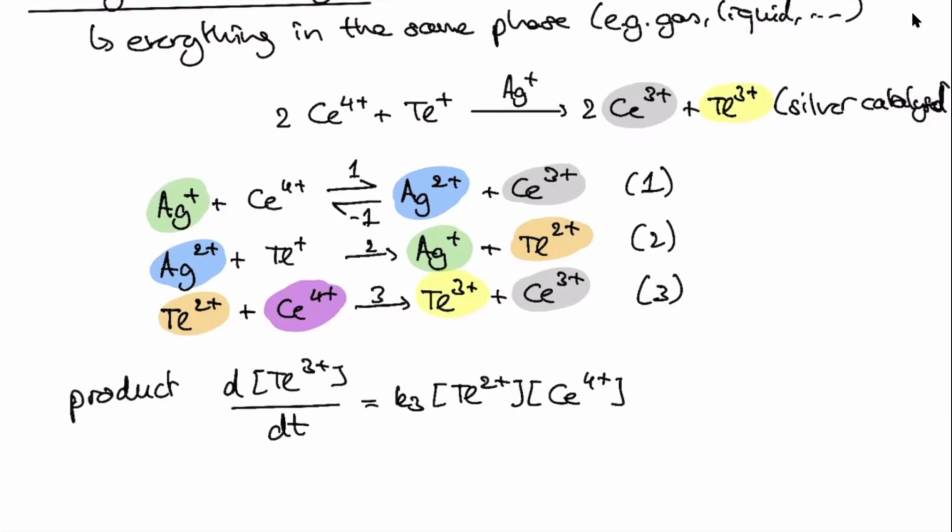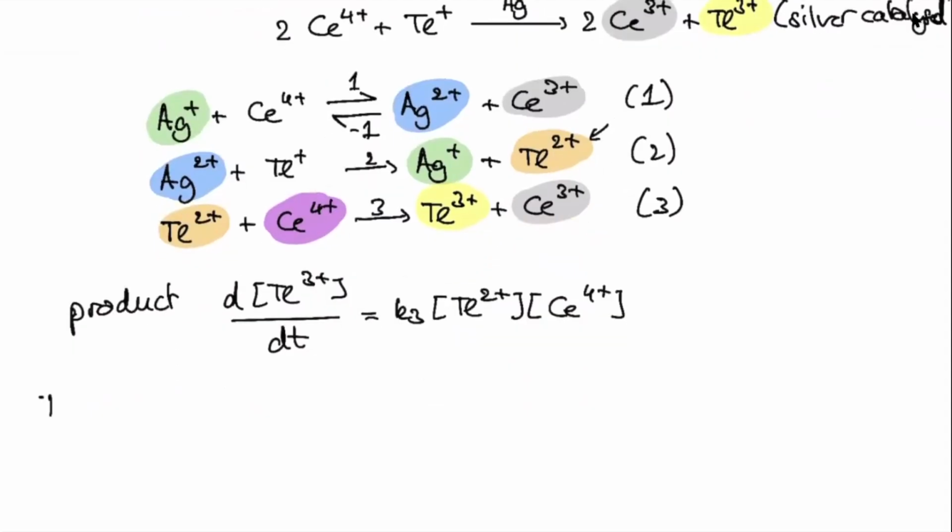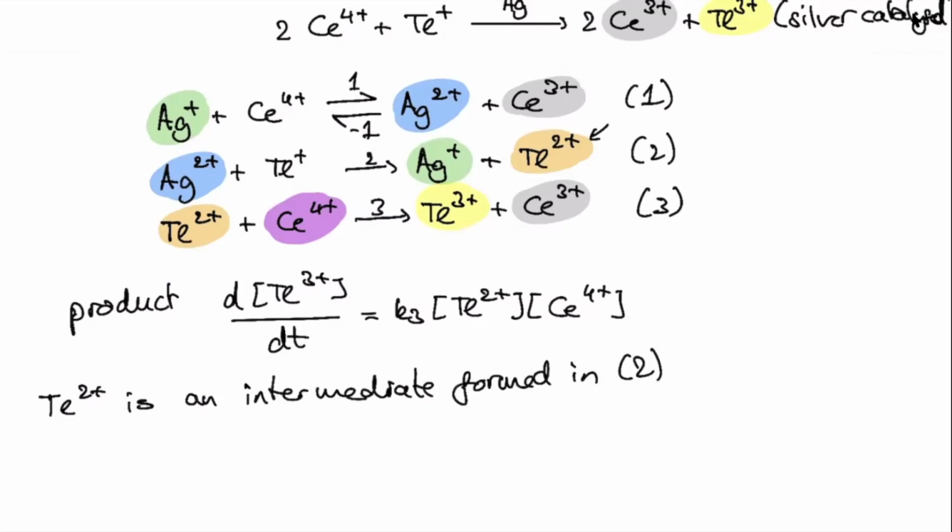Okay, so one observation we can make here is that Tl2 plus is an intermediate formed in reaction 2, and reaction 3 can only occur after 2.